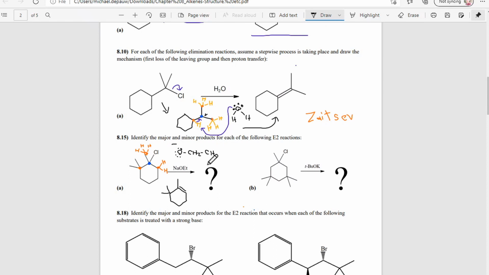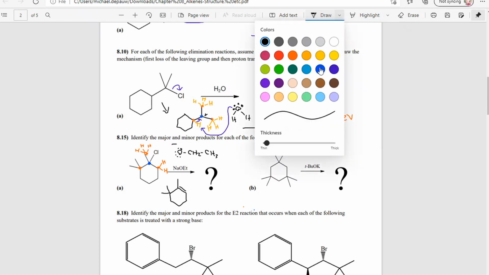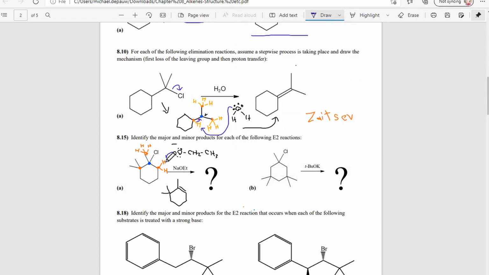Instead, it's just going to go ahead and rip off one of those beta hydrogens, in this case the beta hydrogen here, push those electrons in and kick out the chlorine. Okay, that was kind of terrible, but oh well.